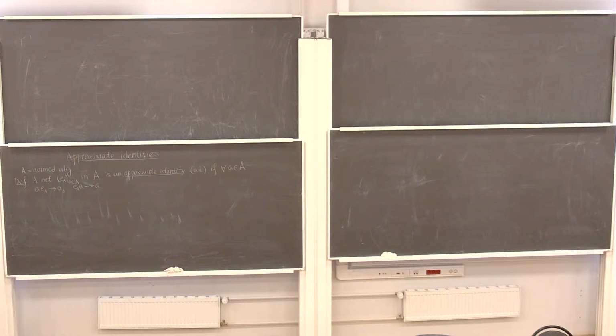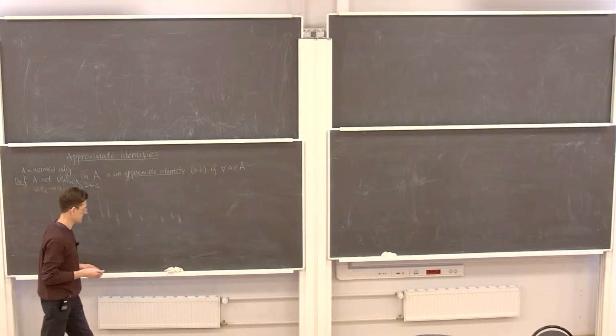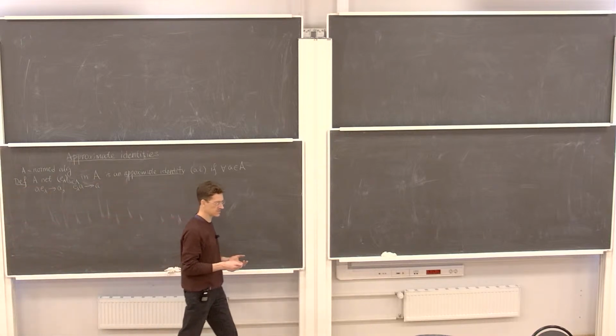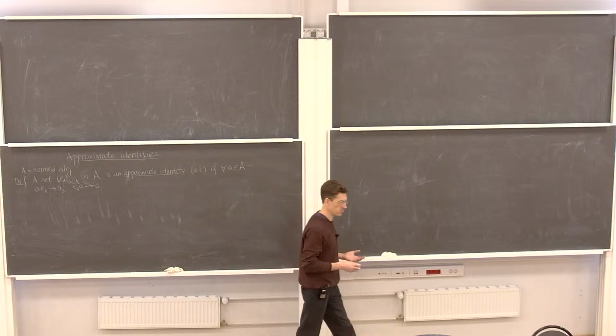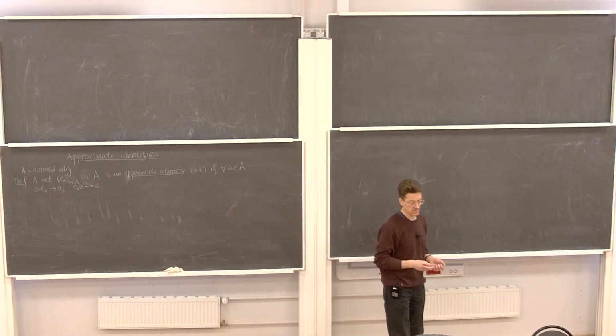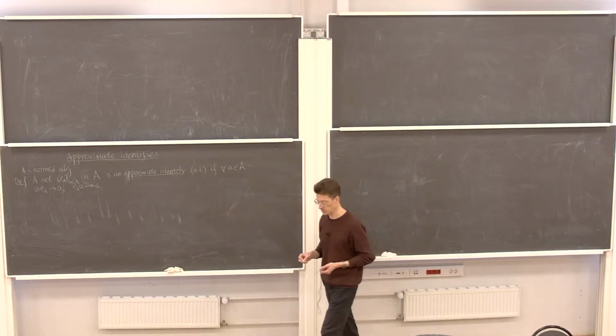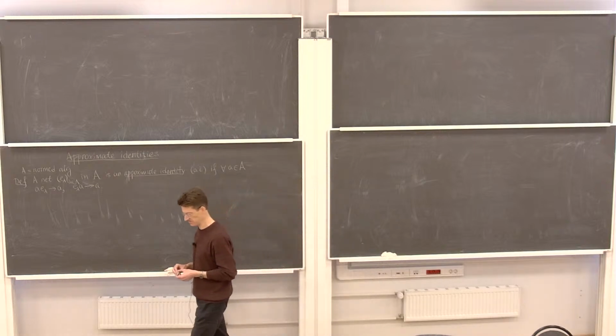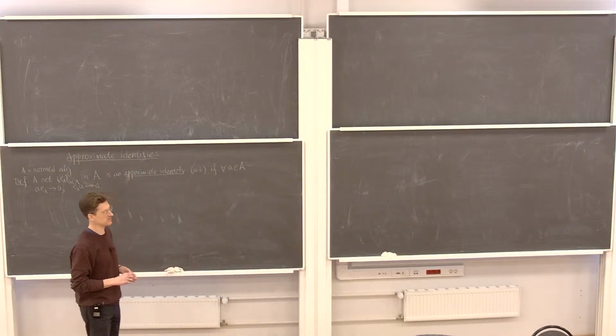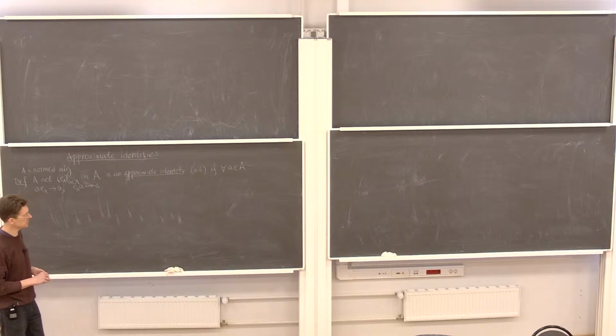So roughly, the idea is that an approximate identity is something which replaces an identity of a non-unital algebra. In fact, we have already seen that there are many natural examples of non-unital Banach algebras which have approximate identities.